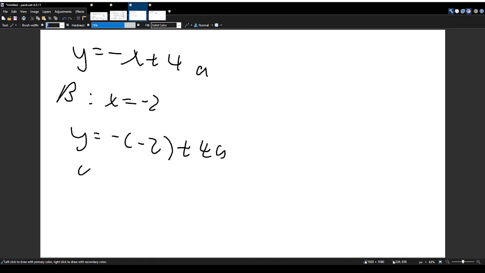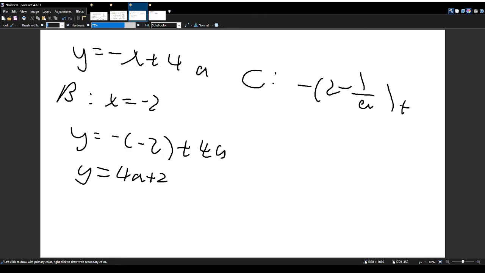And for your C, it's negative (2 minus 1 over a) plus 4a, so your y is negative 2 plus 1 over a plus 4a.